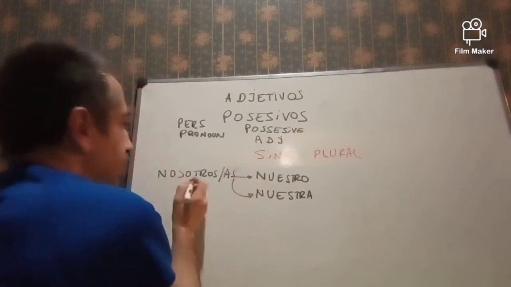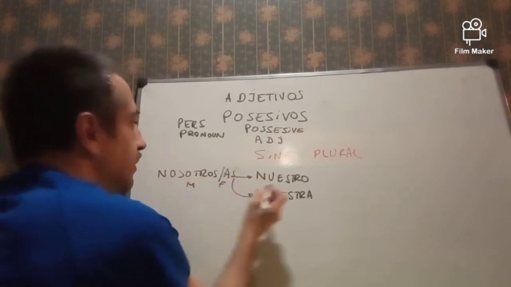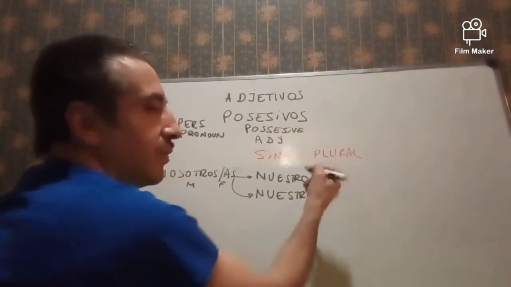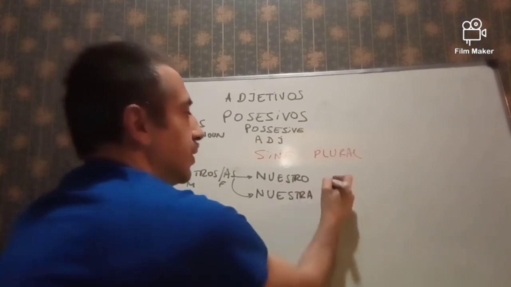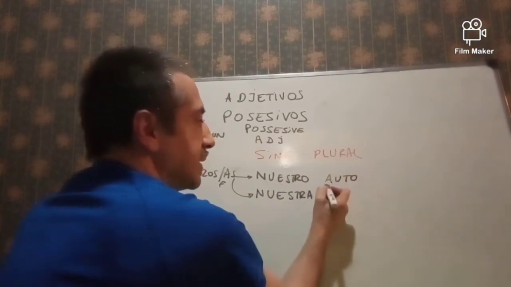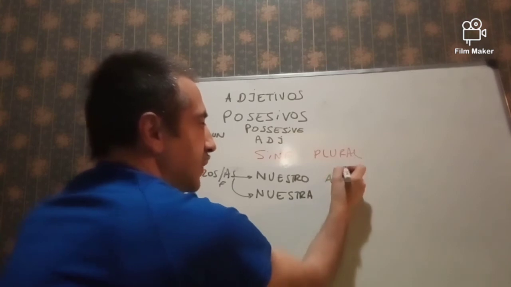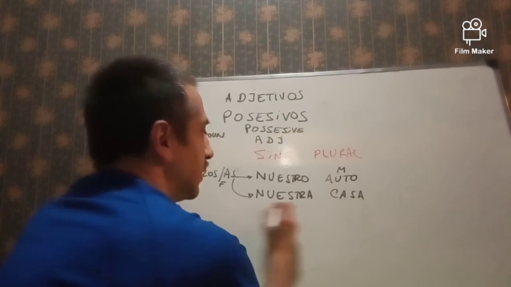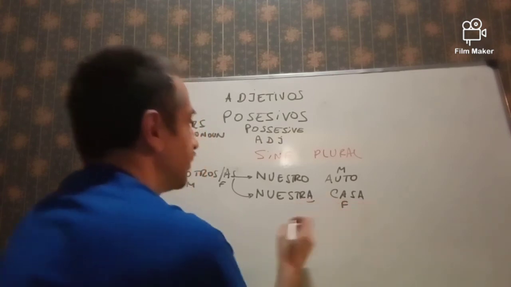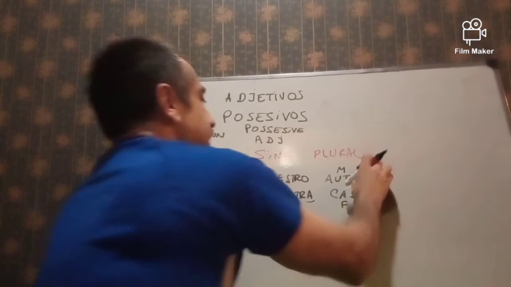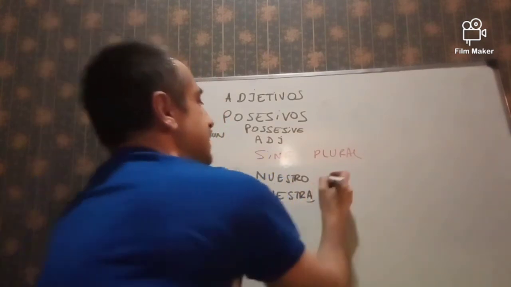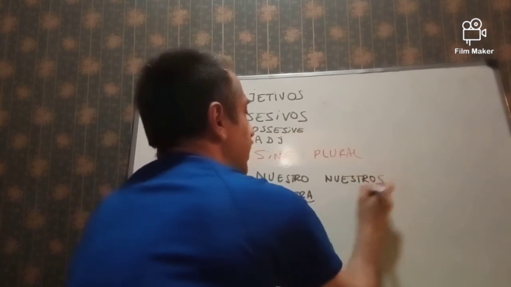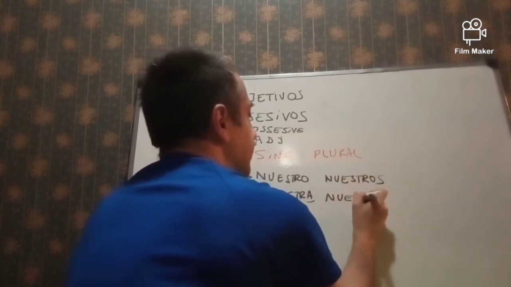So both masculine and feminine have both possessive adjectives depending on the following word. Nuestro auto, our car in Spanish, this is masculine. Nuestra casa, our home, this is feminine. And the plural is, as I said before, made by adding the letter S. Nuestros, nuestras.